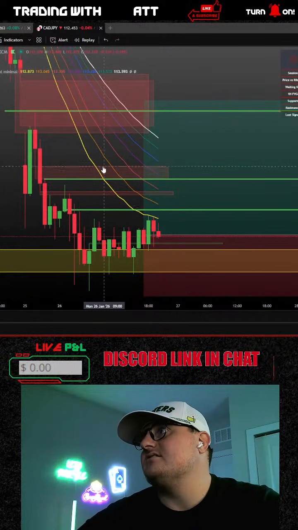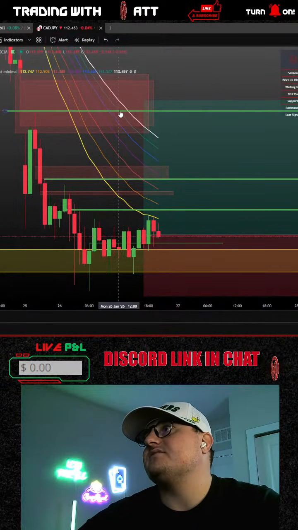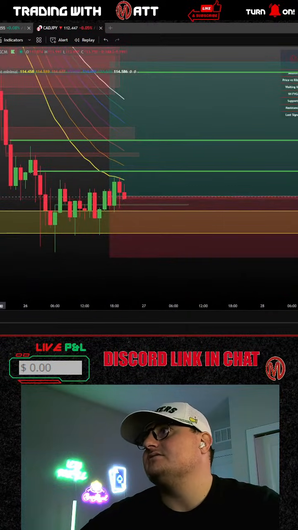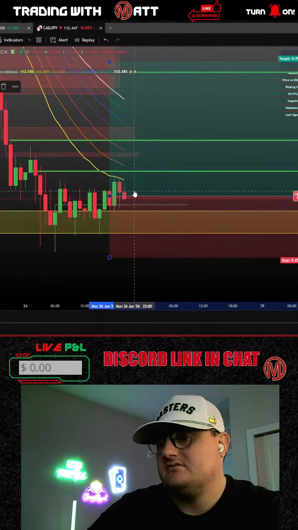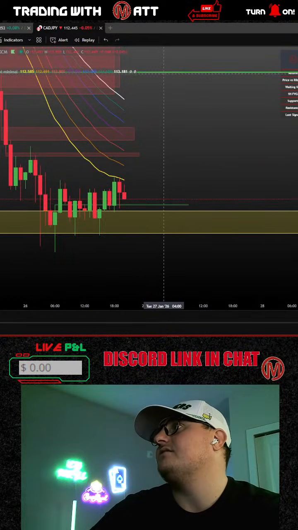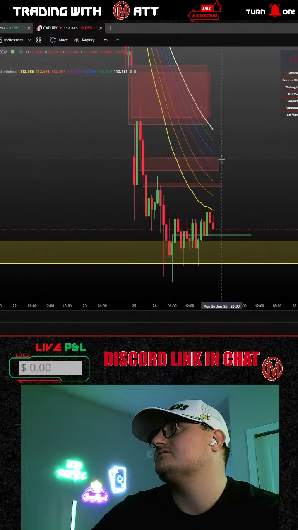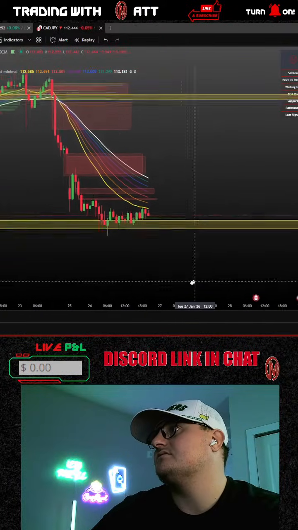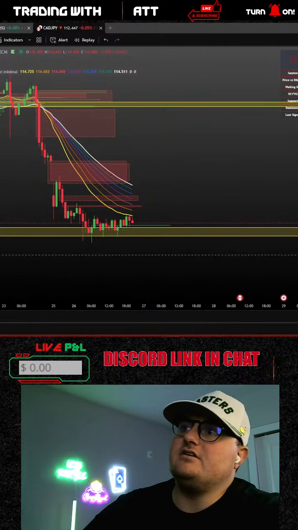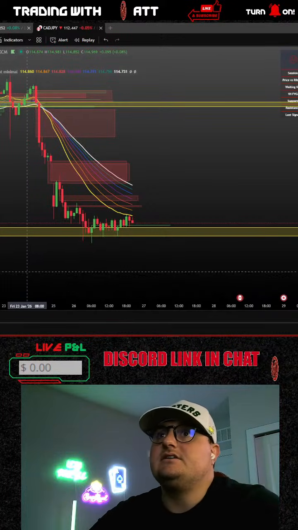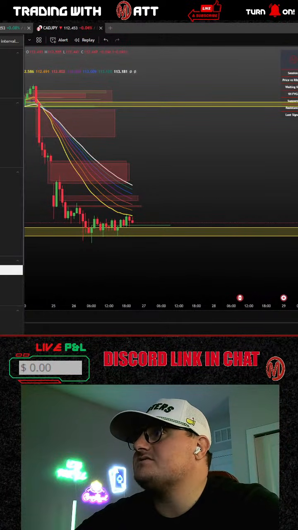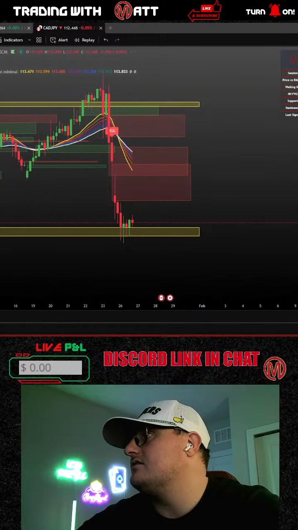Because this is ugly right here, with these fair value gaps and this EMA ribbon. But that's what it would look like if you were to take that on the 4 hour time frame. It looks like it could, just the 1 hour looks terrible.